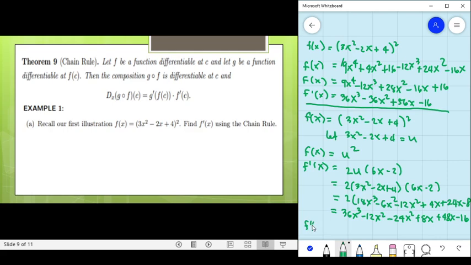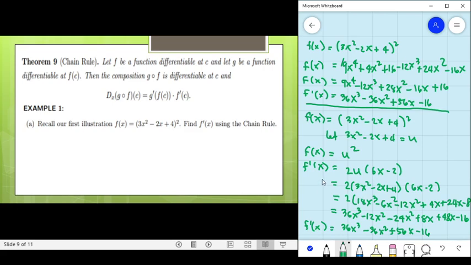So f prime of x is 36x cubed minus 36x squared plus 56x minus 16. Therefore, that is the answer to number 1 using the chain rule.